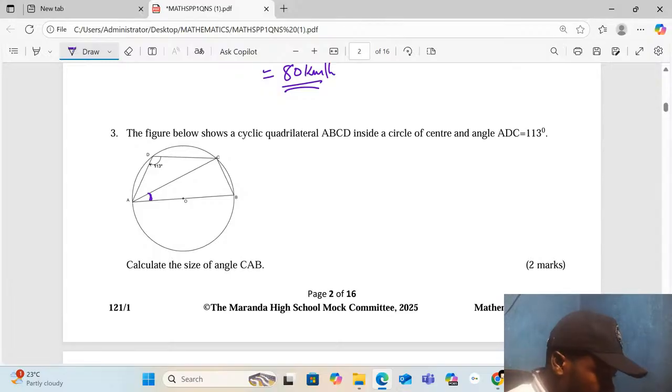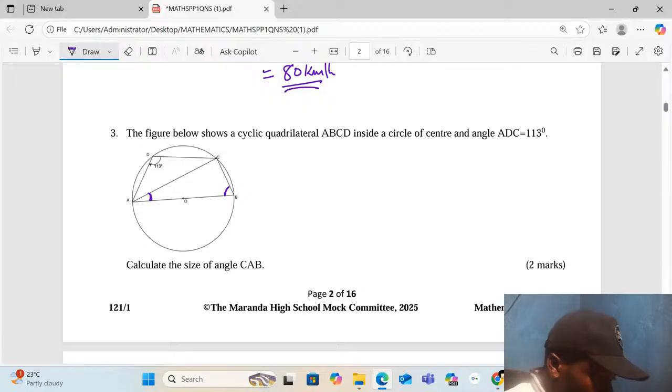Before we look for that angle, I think we can find the size of angle ABC. If we have that angle, we simply take 90 degrees minus the angle, then we get angle CAB.